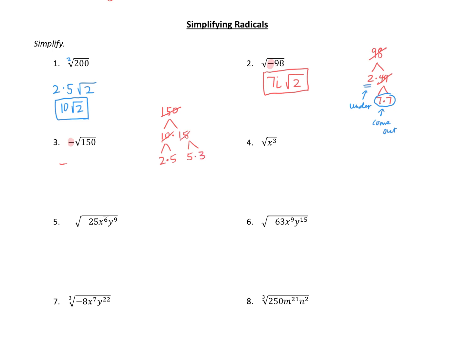We've got all prime numbers at the ends. We can see that we have a pair of 5s, so that will come out. And then we have a 2 left over and a 3 left over, so those are going to stay under. So we bring the 5 out, and the 2 and the 3 stay under, so we multiply those together, and we'll get -5 times the square root of 6.